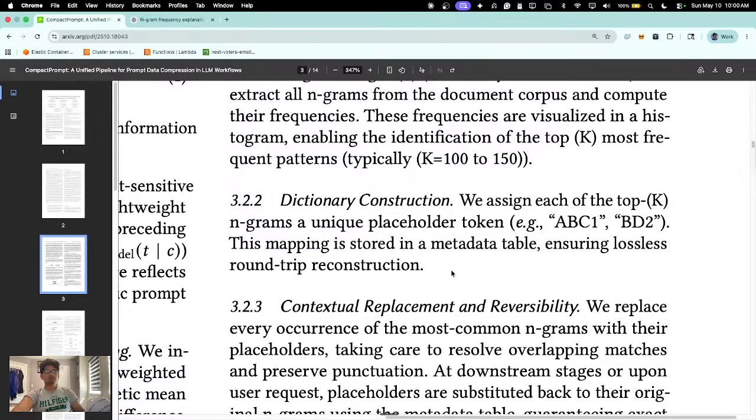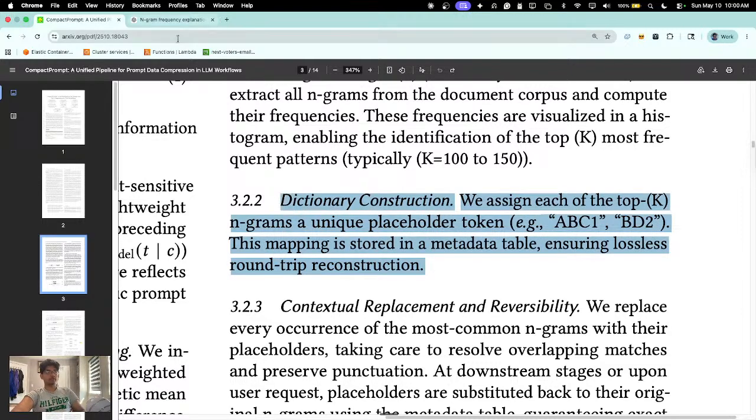Okay, and so in this case, we're just making note of what the top k n-gram patterns are, and then assigning each one a unique placeholder token. This placeholder token doesn't really have that much significance. It's just random strings of text, is what I'm assuming. So let's see that though.